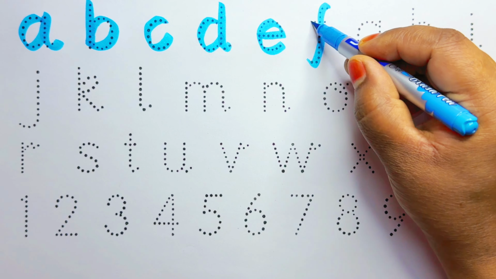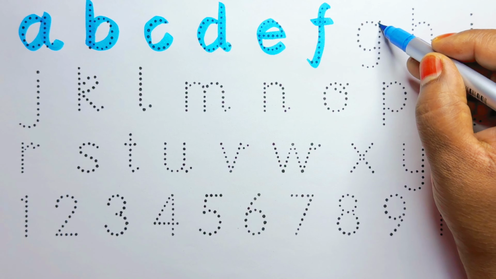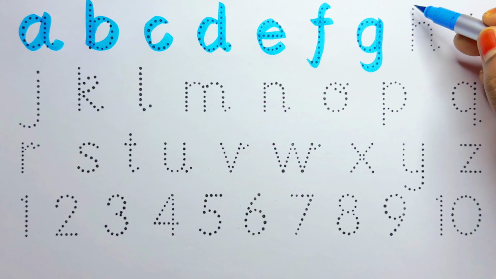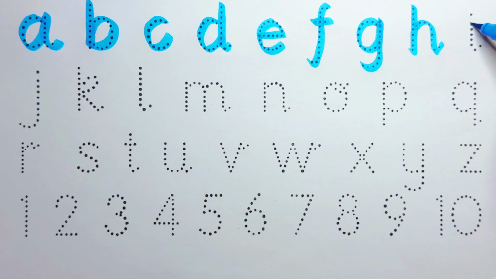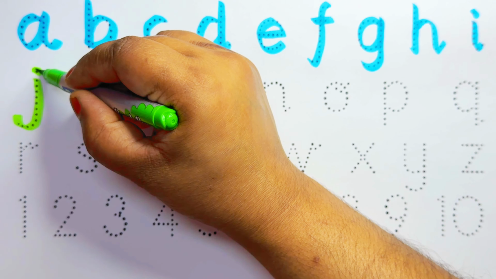F for fairy. G for grass. H for hat. I for igloo. J for juice.